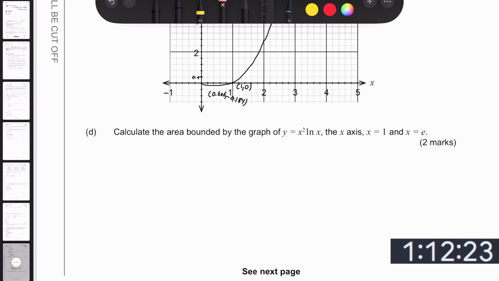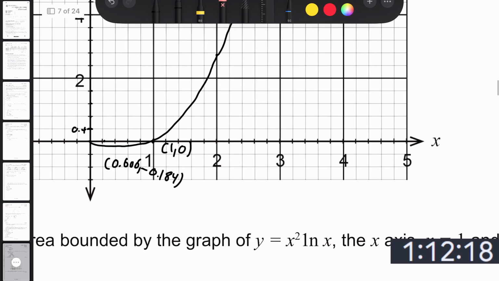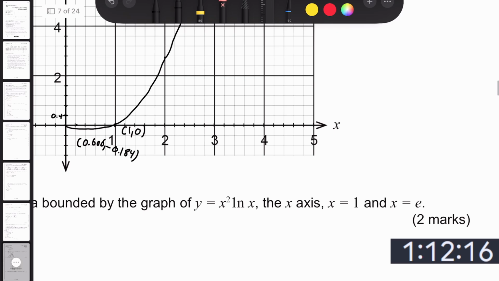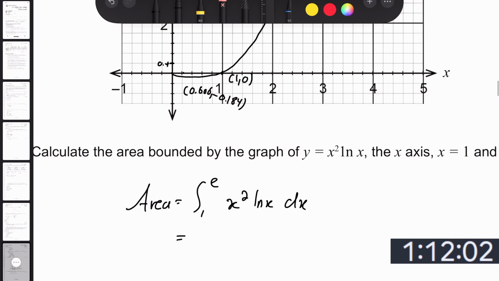Calculate the area bounded by the graph, the x-axis, x equals 1 and x equals e. So x equals e is greater than x equals 1, and it's going to be all above the x-axis. So all I got to do is write area is equal to the integral from 1 to e of x squared ln of x dx. Just plug it in my calculator.